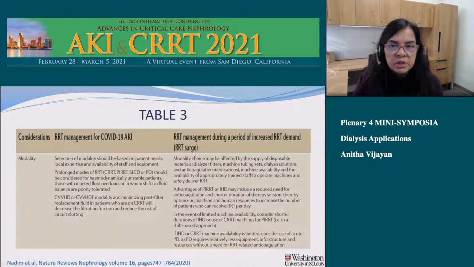During the pandemic, modality choice was affected by the supply of disposable materials, including tubing sets, also dialysis solutions, and need for anticoagulation. PERT and hemodialysis offer advantages because you can provide RRT with reduced need for anticoagulation and shorter duration of therapy.